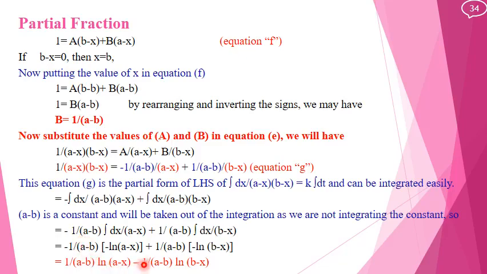By rearranging and solving this part, we will have 1 over (a minus b) log natural (a minus x) minus 1 over (a minus b) log natural (b minus x). By multiplying the negative positive and negative negative signs, we have this notation. I hope you can understand the whole conversion.